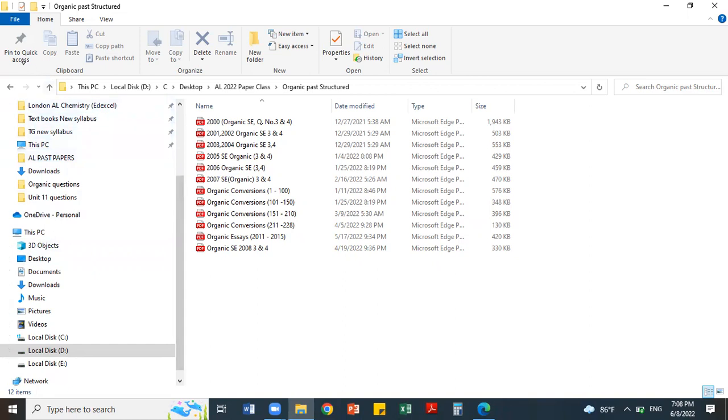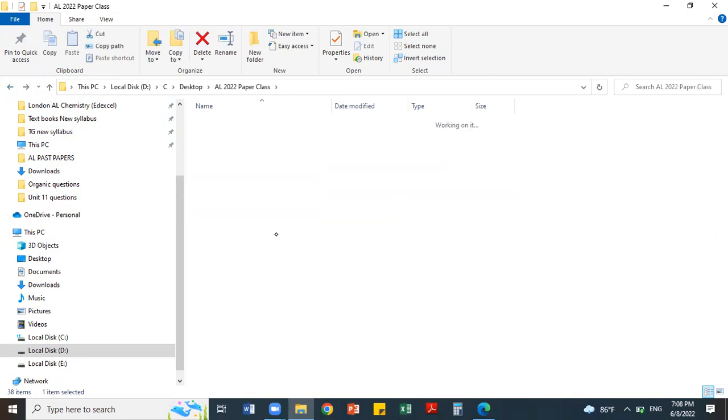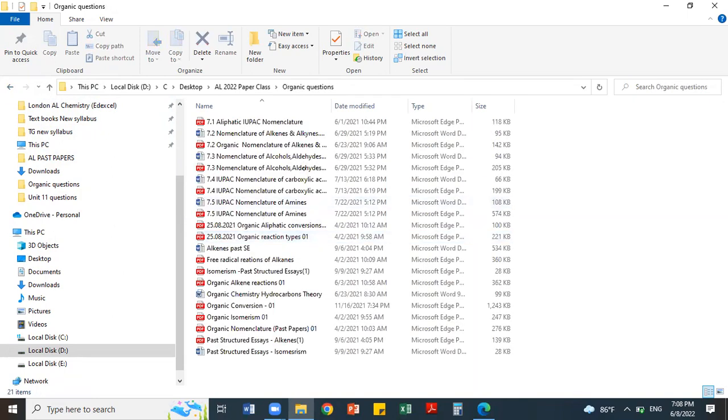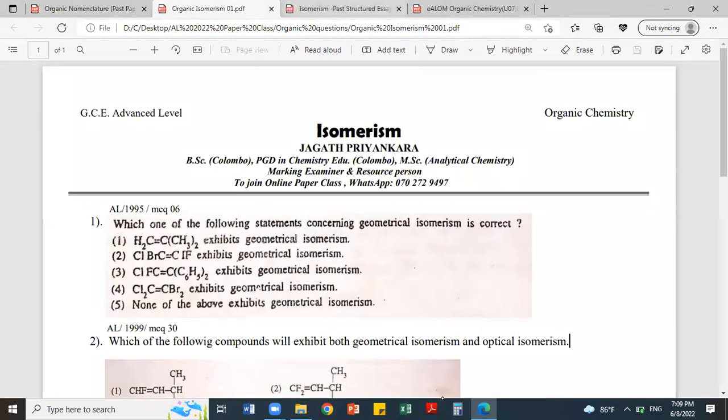I think I had organic conversions too. We'll do that next time. Now isomerism. So the next section is isomerism.